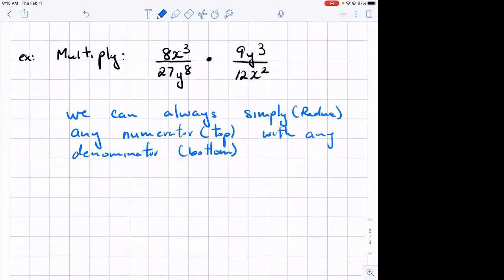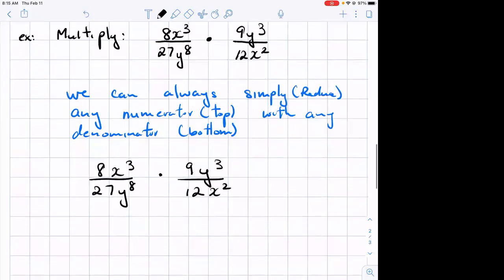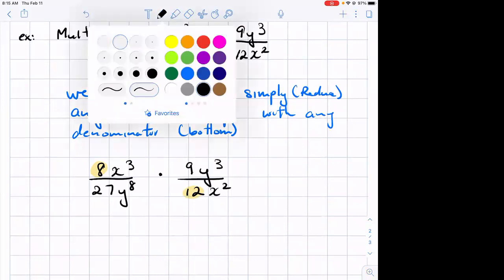Okay. So if we rewrite our problem, 8x cubed over 27y to the 8th times 9y cubed over 12x squared. Okay. Let's look at the 8 and the 12 first. What number goes into 8 and 12 evenly? Well, if you think of 4, right?